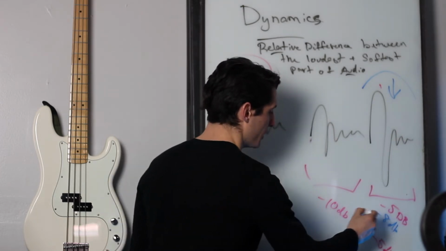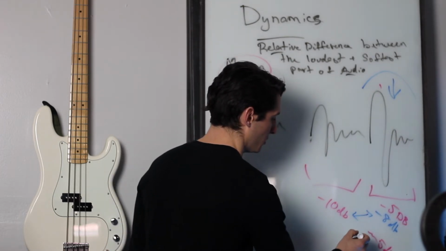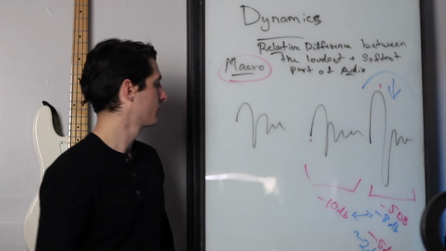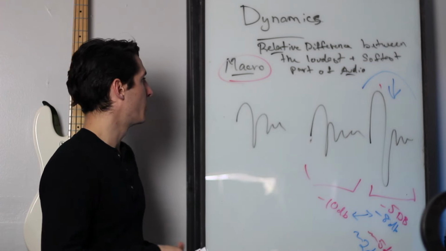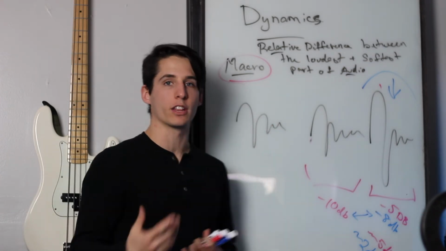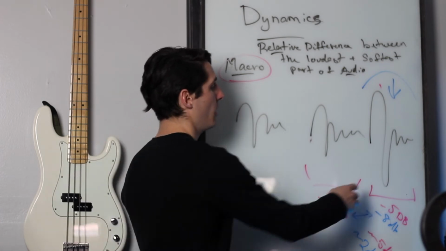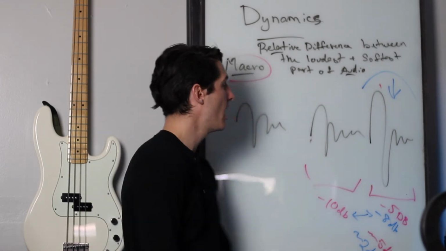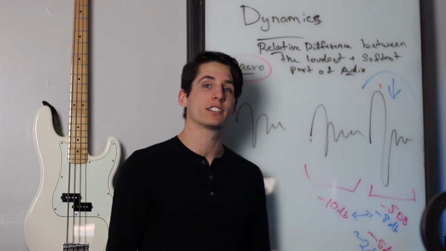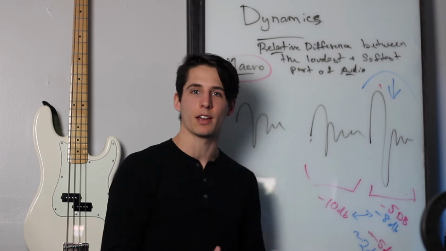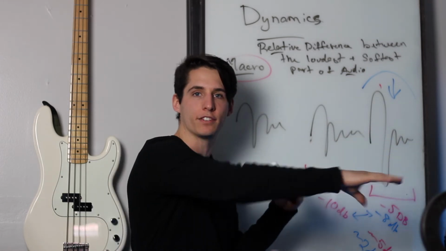So now the difference between these two notes is only 2 decibels. So we can control the macrodynamics to make the part fit better in the mix. For example, this note might be poking out of the mix and it's too loud, but this note might be too quiet. So we can use compression to control that and make the entire part more even.